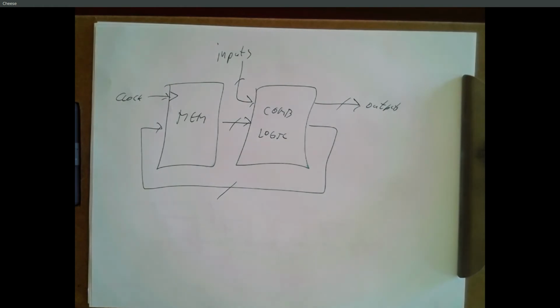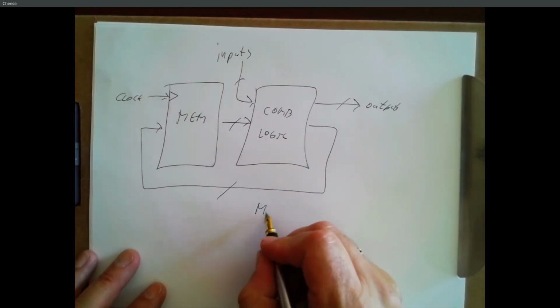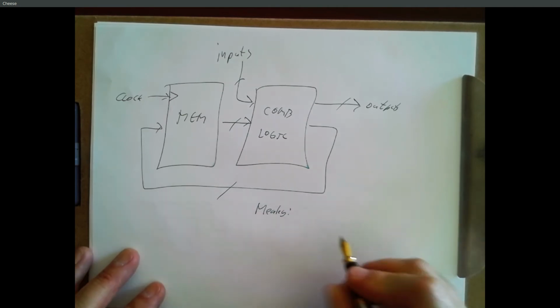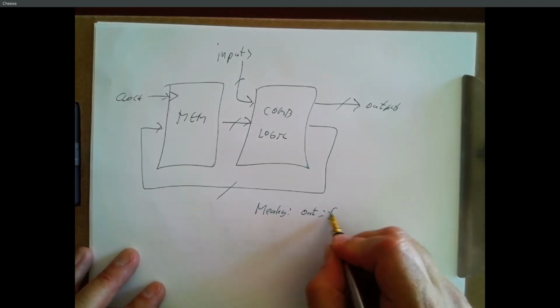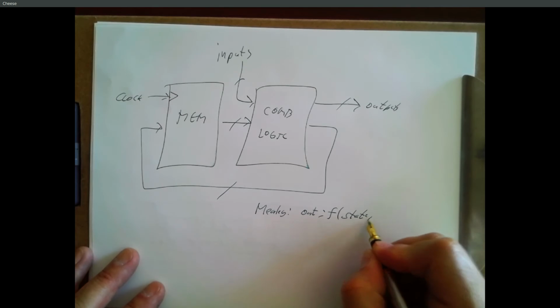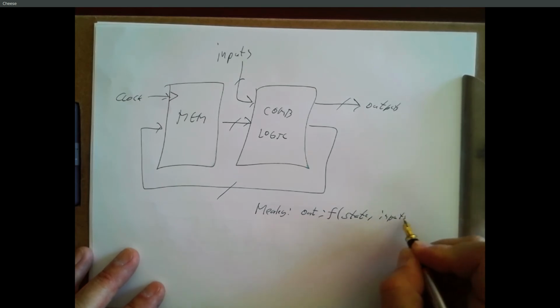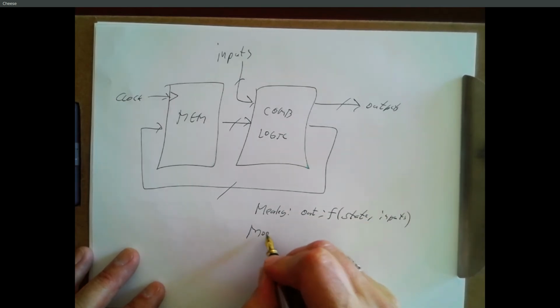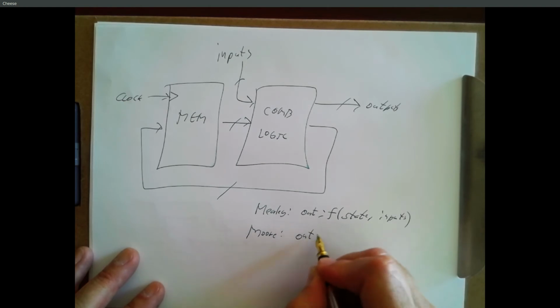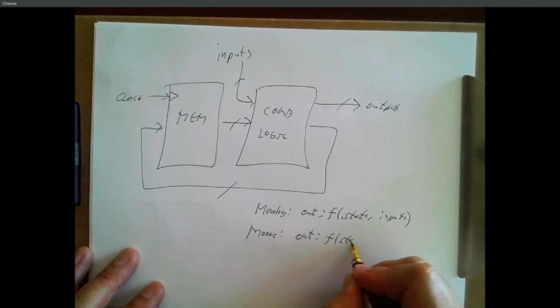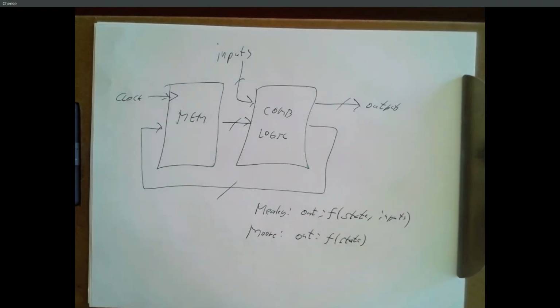And when you're working with these, you want to know if the outputs depend only on the state or if they also depend on the inputs. Okay, and that's our two classes of machines. So Mealy output is a function of state and the inputs. A Moore machine, your output is a function just of the state. So if you have a Moore output, you can put that in the circle that lists the state.